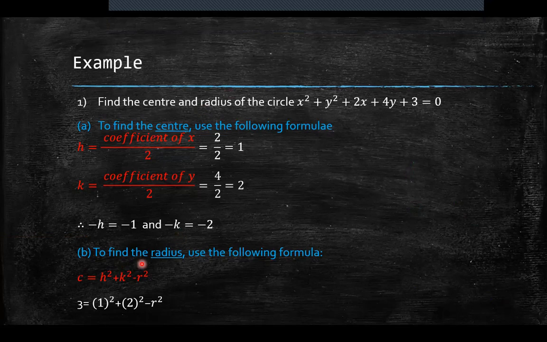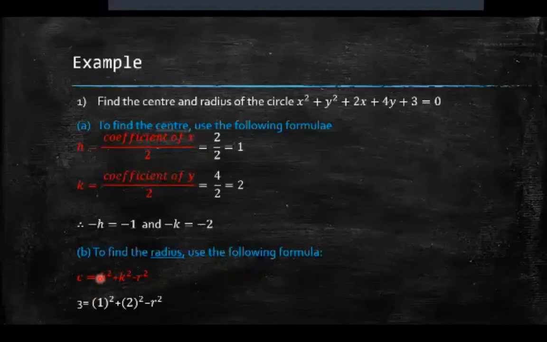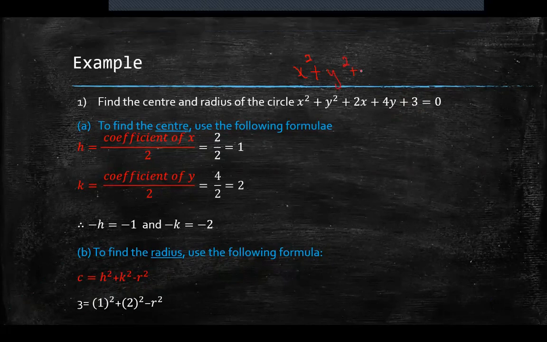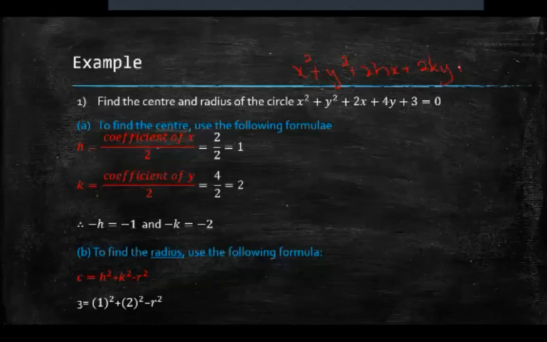If they want you to find the radius, you use the formula that I just showed you. C, which is the constant, is equal to h squared plus k squared minus r squared. In this case, let me just write the general form. The general form is x squared plus y squared plus 2hx plus 2ky plus c is equal to 0.